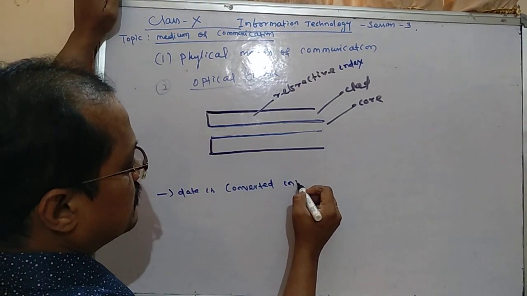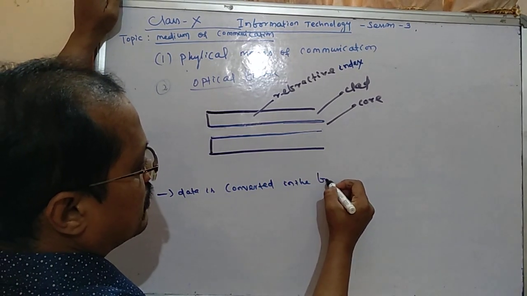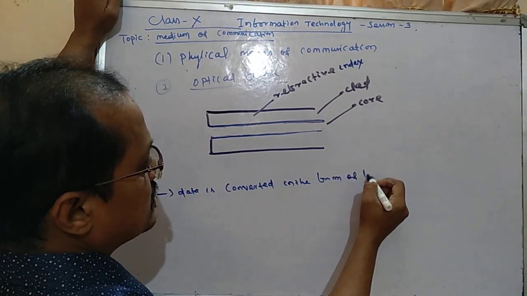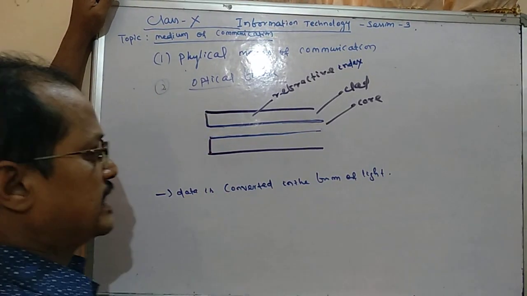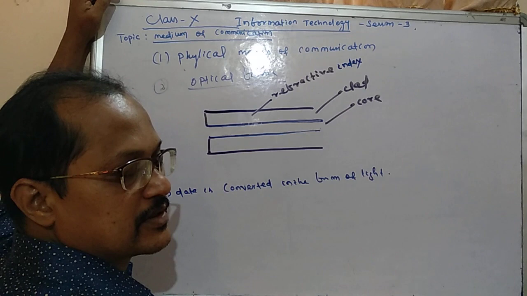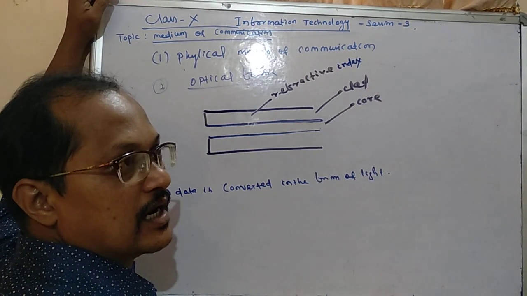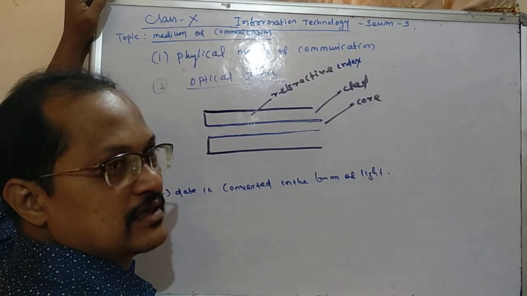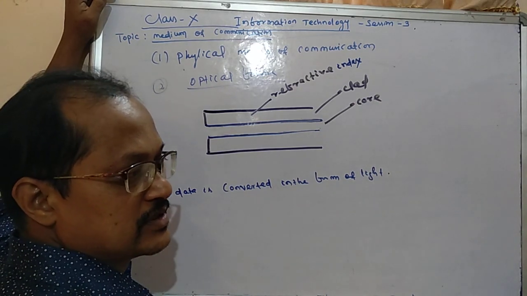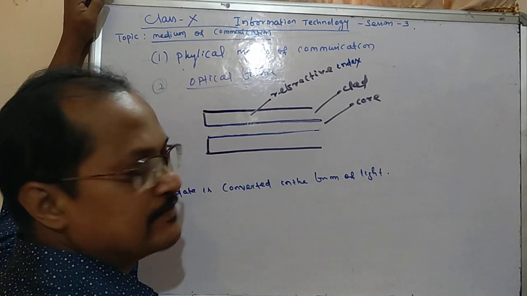For the light, different types of devices are used, called APD, avalanche photodiode, and PIN photodiode. There are many things that I am not going into deeply.